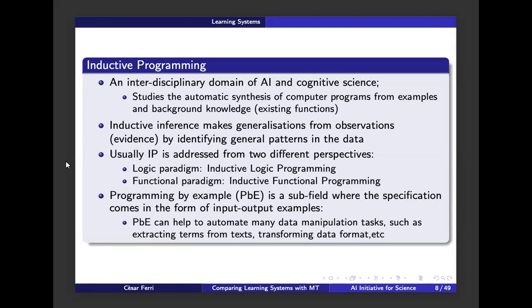It's quite useful for people who don't know how to use Excel, because most people using Excel are not able to write a function. This technique can automatically develop a function, like extracting the first name when you have name and surname, or converting capital letters to lowercase. This is probably the most well-known application of programming by example.